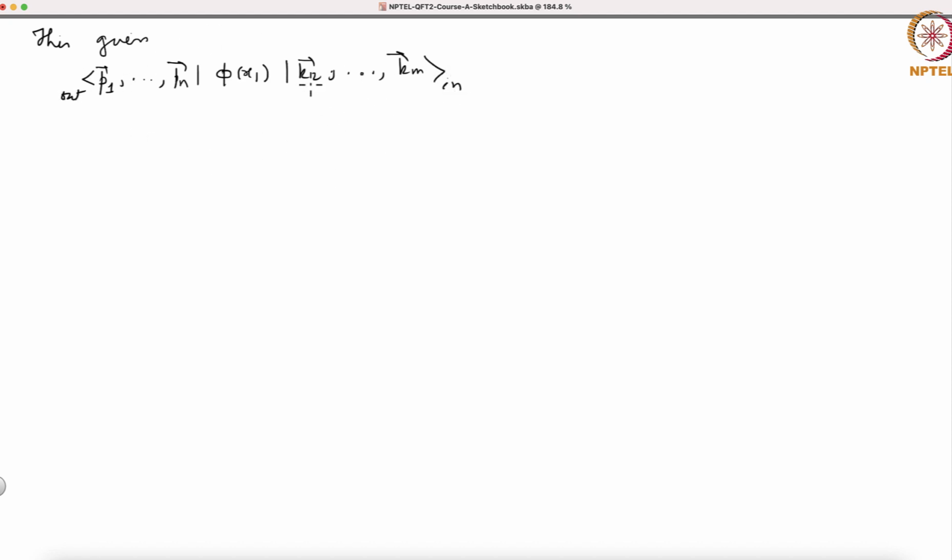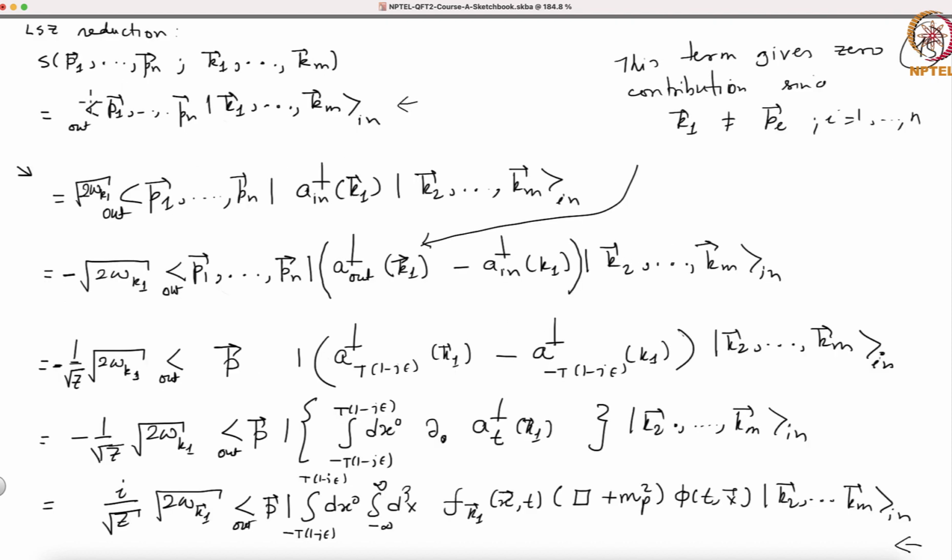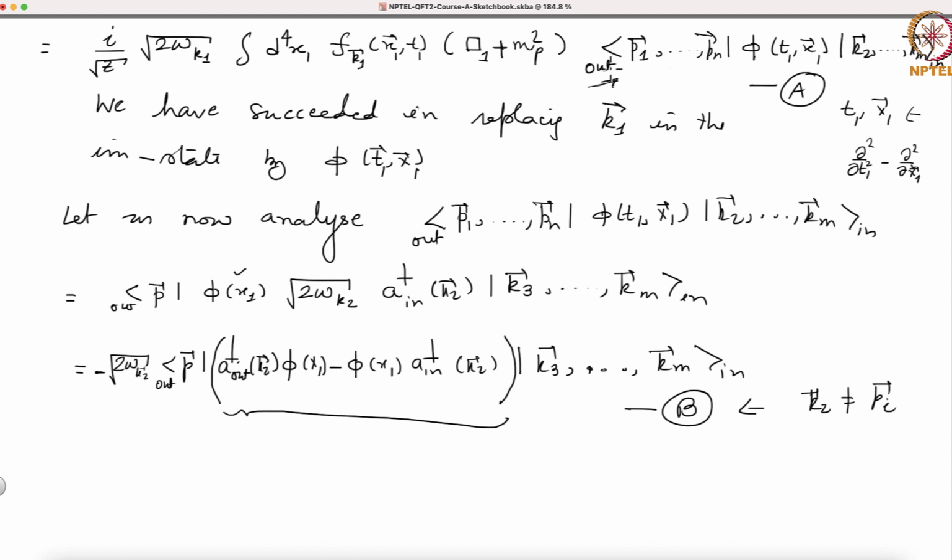Remember, if you are getting lost in the algebra, just remember that we are, one after one, removing these momenta from the in state and replacing them by phi's. That's what we are doing, and this is what we had got. This factor we had gotten when we had done it for the first time, when I took this inner product and replaced K1 for the first time, I had gotten this expression.